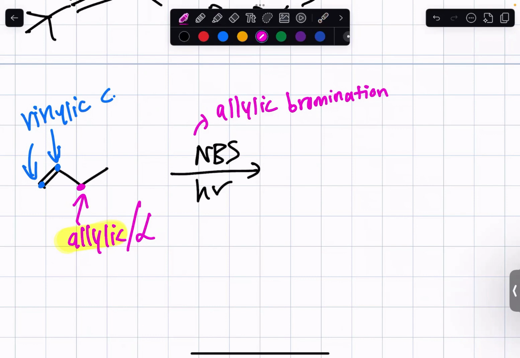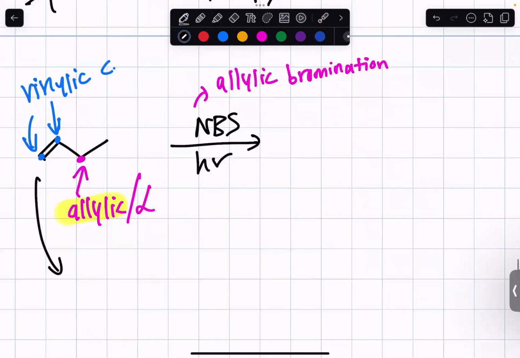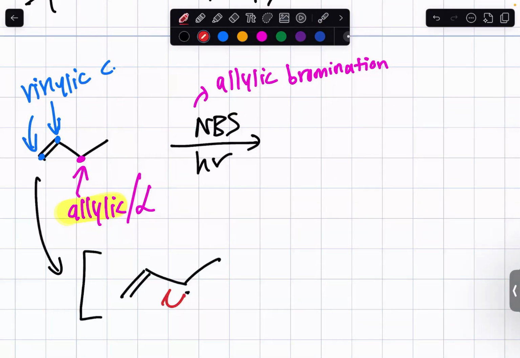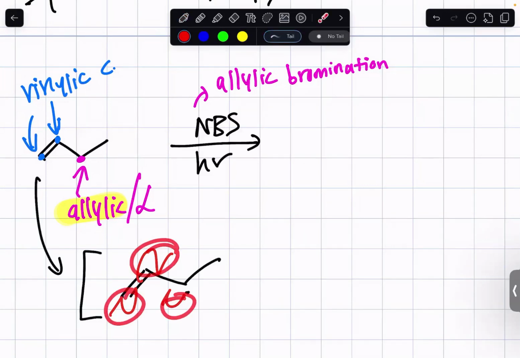Now, before you predict the product, think of this as an intermediate. There's going to be a radical right there, which can do resonance with this double bond with those arrows. All these single hook arrows show the movement of 1 electron. This 1 electron here is going to make a double bond with that 1 electron right there.